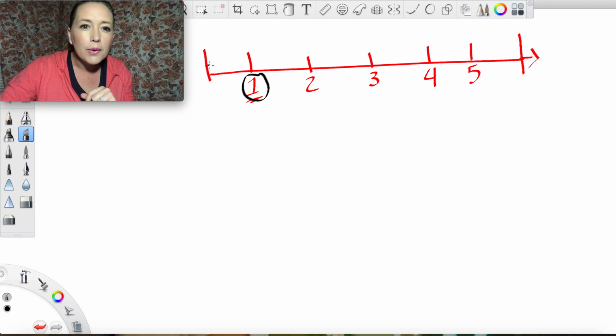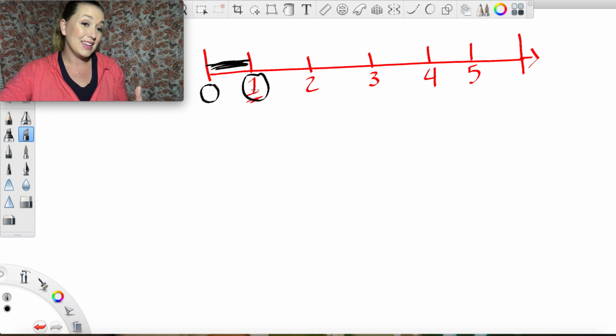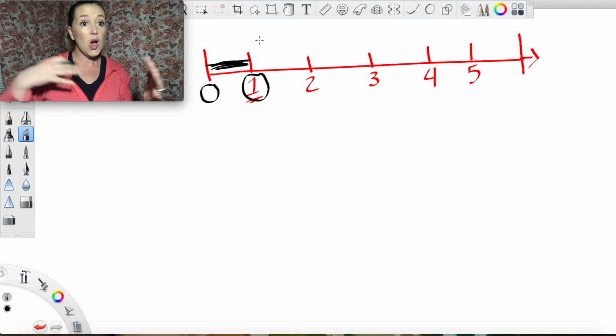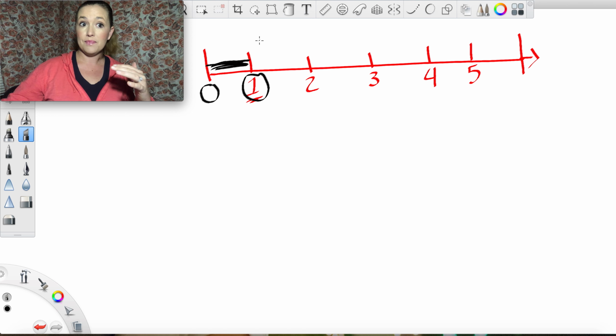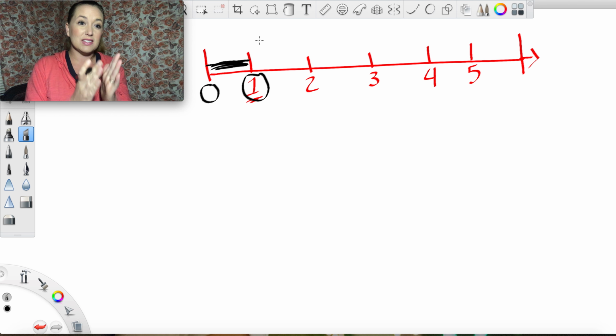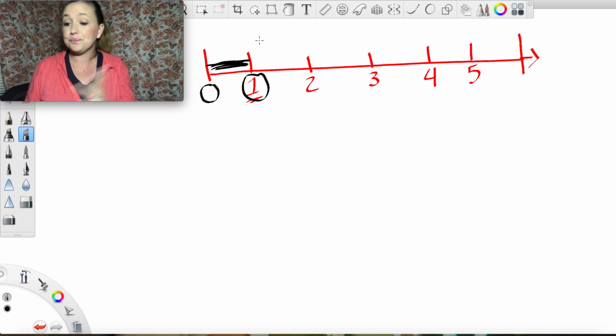Fractions are saying, okay, what's the deal right here? How do I get from 0 to 1? And the answer is fractions. We have our whole, whatever that whole is, whether it's markers or candy bars or pizza, but we're taking that whole and we're breaking it into smaller pieces, equal size pieces if it's going to be a fraction.